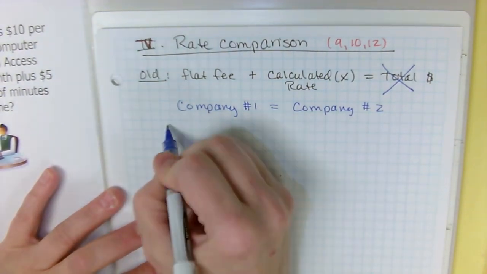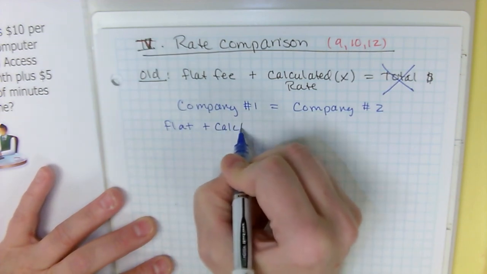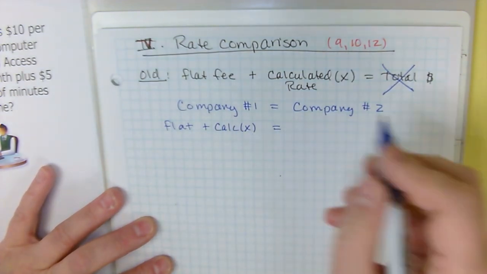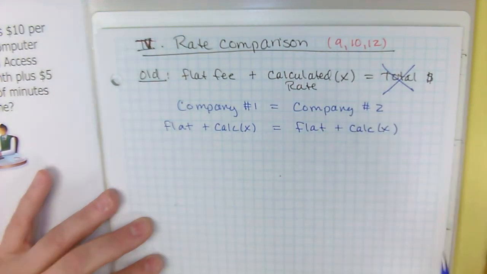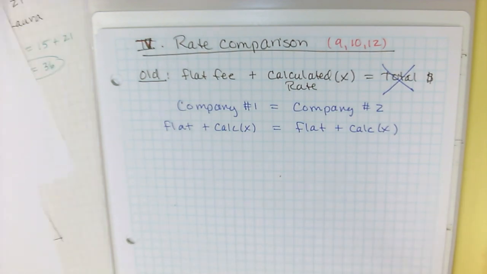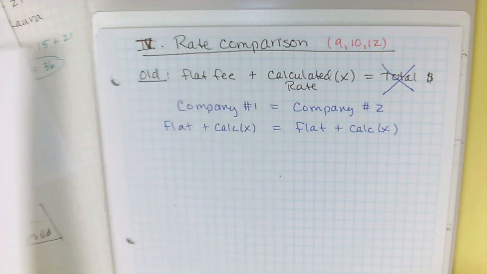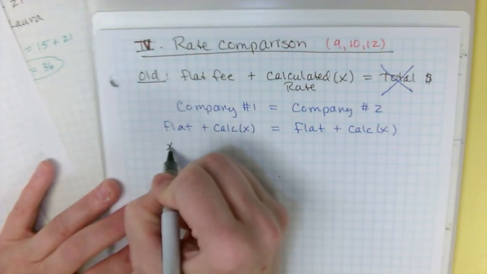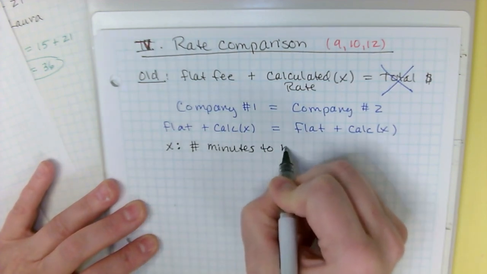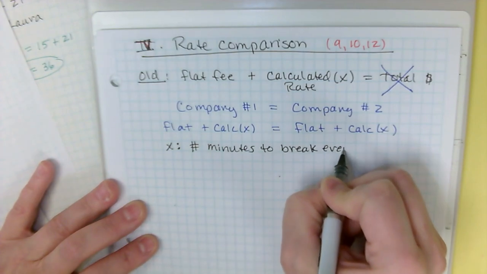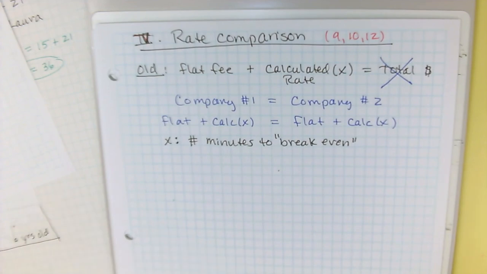So for each company, you need a flat fee plus a calculated fee times X. And then for company 2, a different flat fee plus a calculated fee times X. Okay, in this one, the question is, for what number of minutes are the charges the same? So our X is the number of minutes to break even. And break even means the same thing as cost the same.